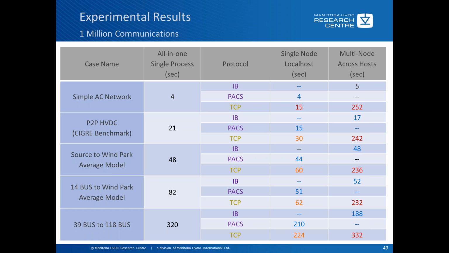Now if we look at shared memory, or the InfiniBand, we can see that even though we could be on, say, a single node or a single computer, if we go across nodes, even in a tiny situation like the simple AC, we still get relatively close to par performance across nodes or across hosts. So the communication impact is dramatically less using the high performance networking.